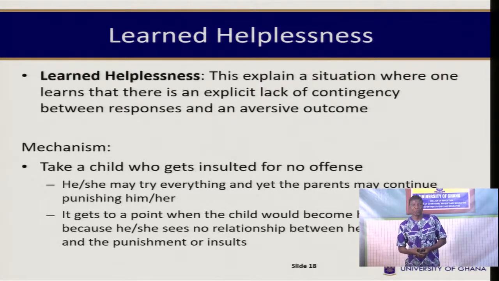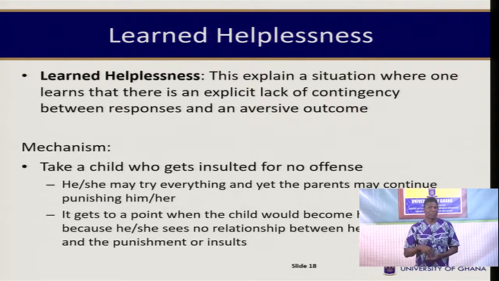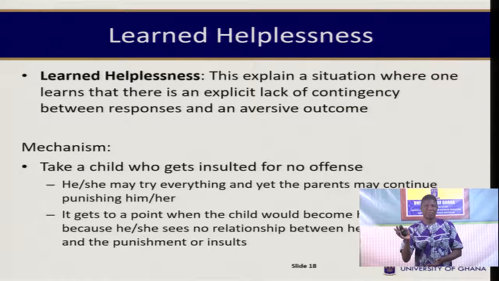Take a child who usually gets insulted or reprimanded by the parents for no offense. With time, the child will try everything, and yet the parents will continue to be punishing her with the insult and so on.